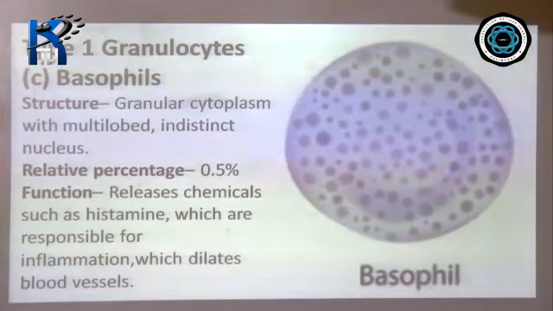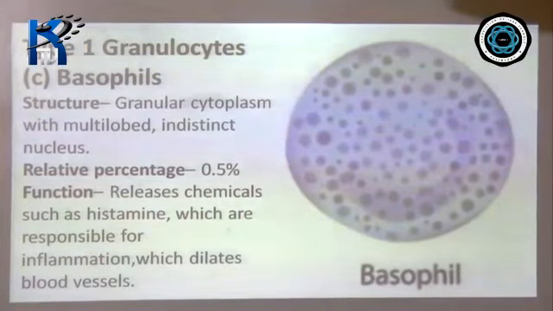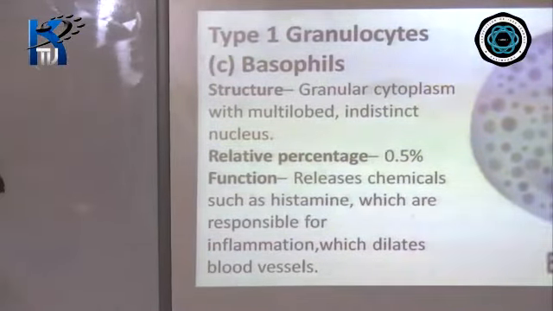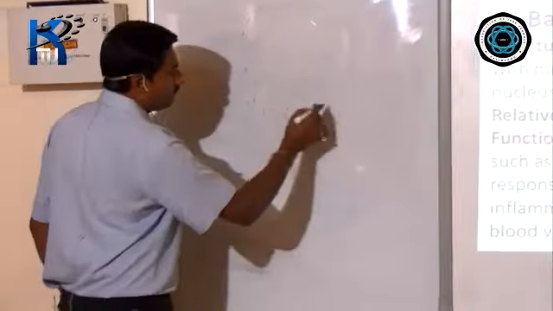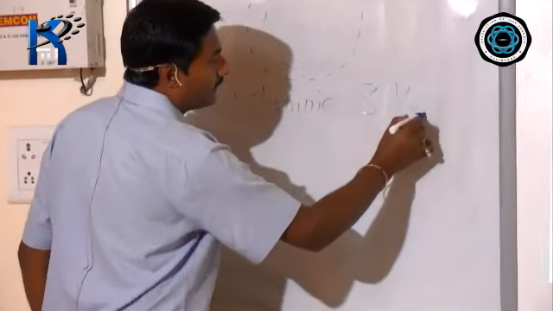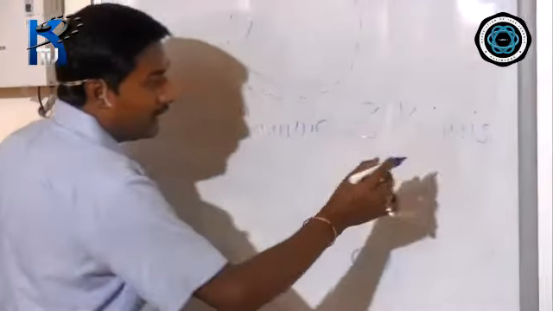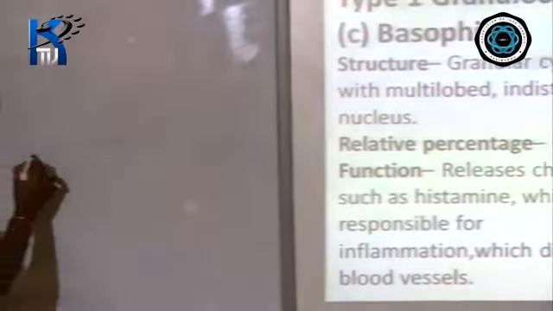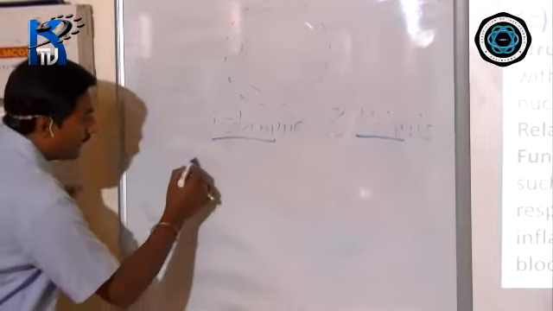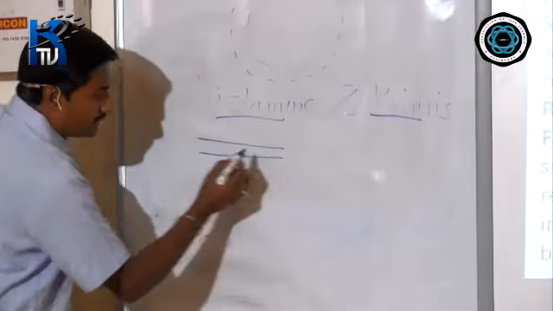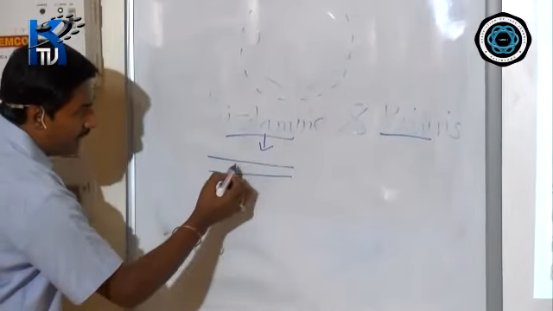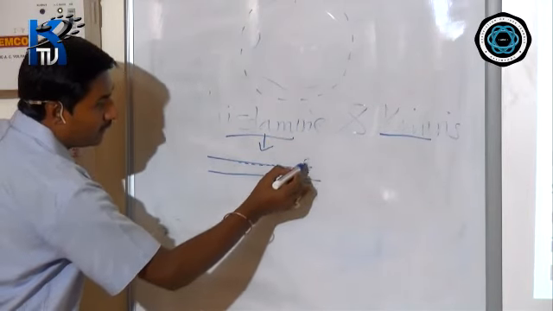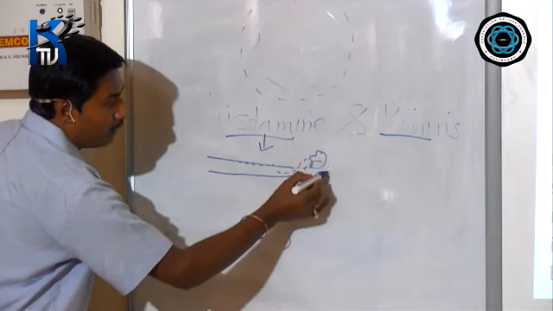Now, what is histamine? It releases two compounds, one is histamine and another one is kinin. Now, what is the role of histamine and kinin? In the capillaries, in the blood vessels, this histamine makes the wall very thin so that the WBC can creep out.